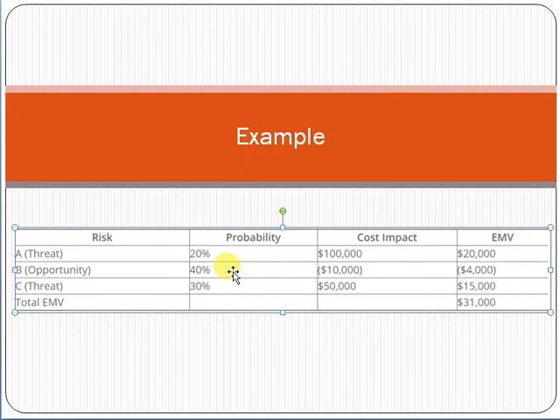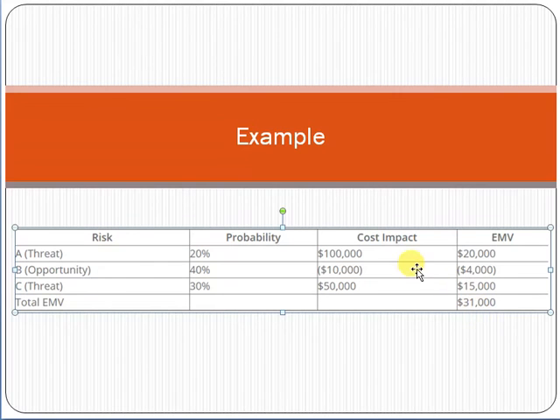Similarly, 40% multiplied by $10,000 gives an EMV of $4,000. If C has a 30% probability and a cost impact of $50,000, the EMV is $15,000. How are we calculating the EMV? Probability multiplied by cost impact. In that way we calculate the EMV.